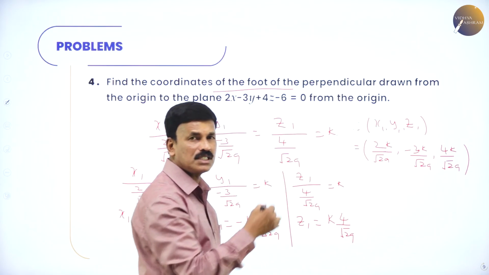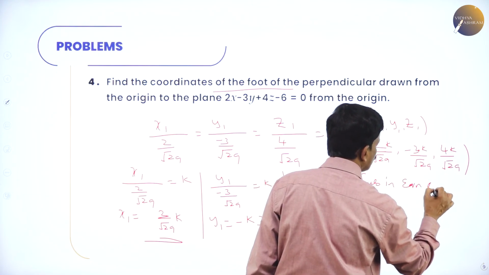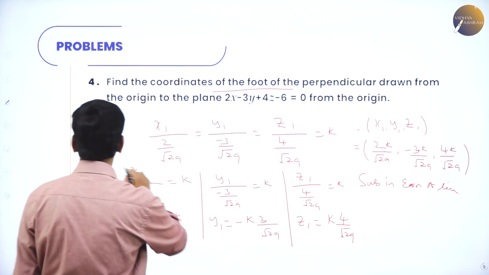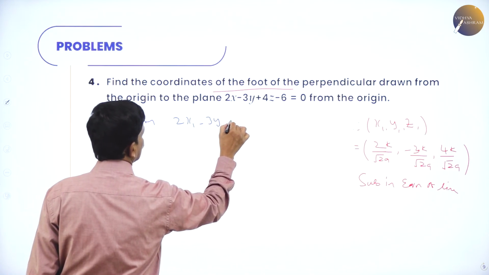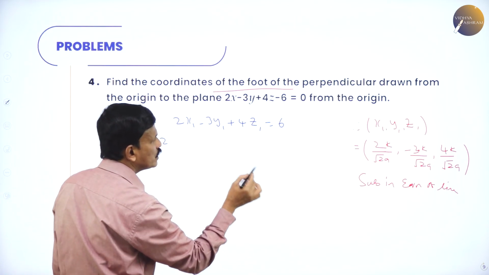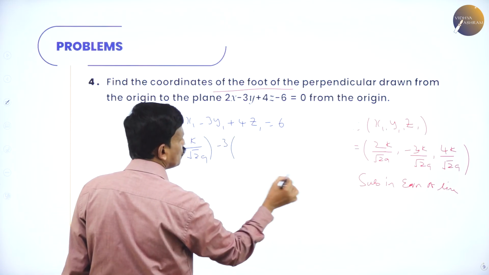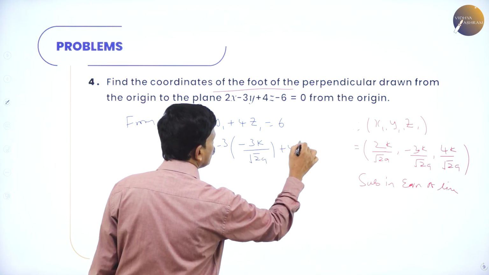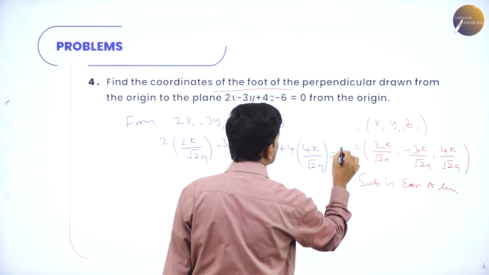Substituting these values in the equation of the line. From 2x1 minus 3y1 plus 4z1 is equal to 6, substitute here 2 into x1, which is 2k by root 29, minus 3 into y1, which is minus 3k divided by root 29, plus 4 into z1, which is 4k divided by root 29, is equal to 6.